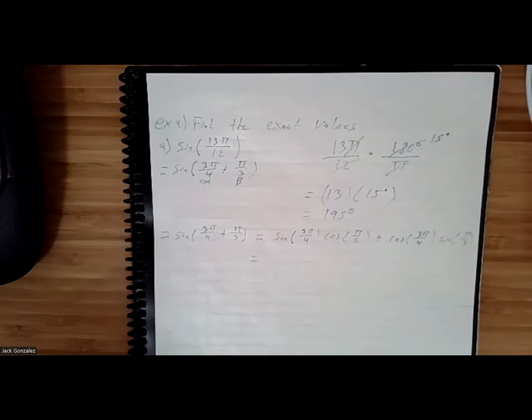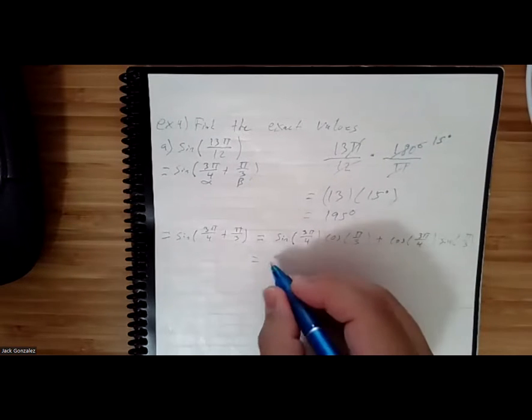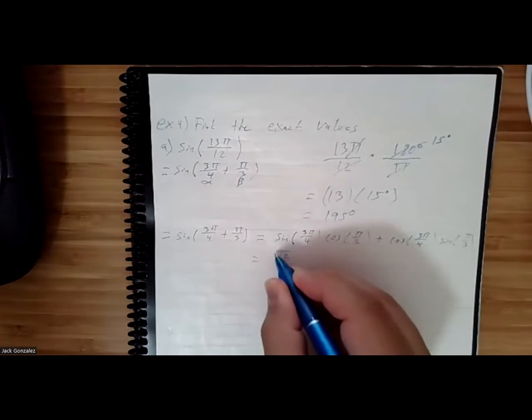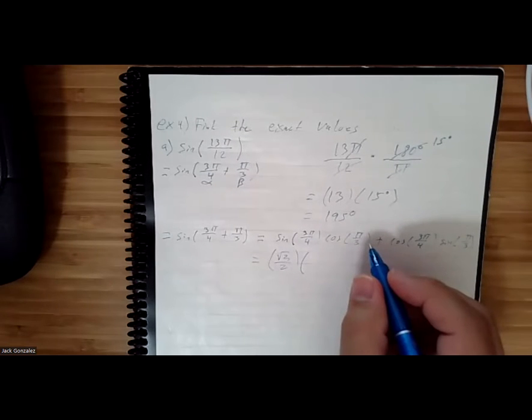Let me double check everything. Sine alpha, cosine beta, cosine alpha, sine beta. Yeah. So the circle says sine of 3 pi fourths, the y value, times cosine of pi thirds.